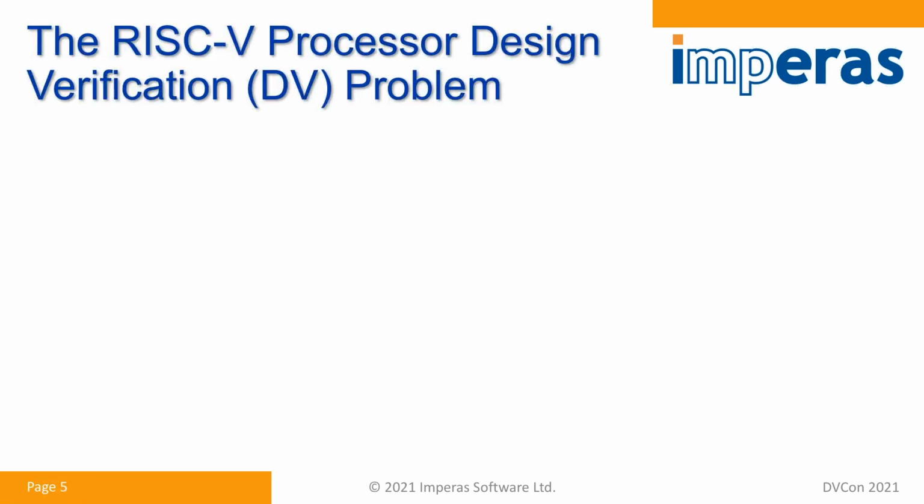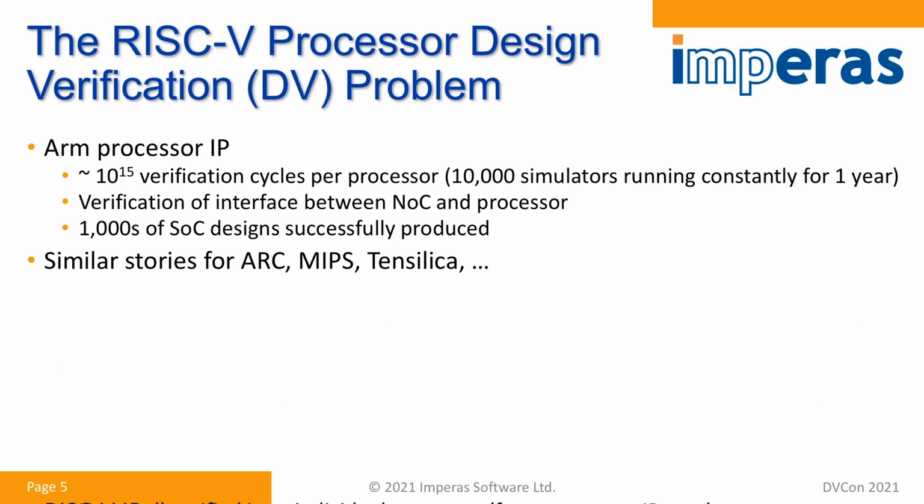So if we look at the design verification problem and think about where RISC-V is and compare this to ARM as an example, ARM has stated that they run on the order of 10 to the 15th verification cycles per processor, which is about equivalent of 10,000 RTL simulators running constantly for 1 year.